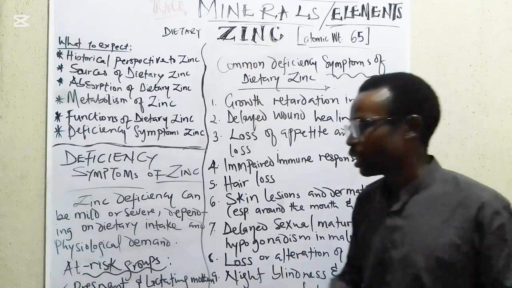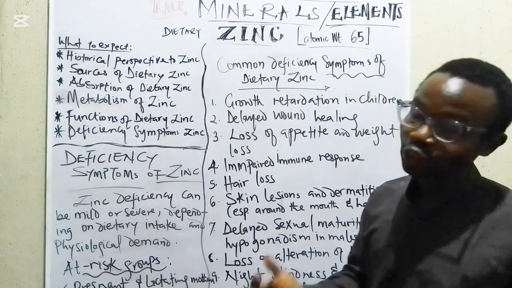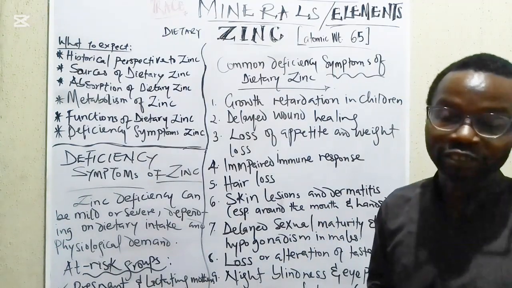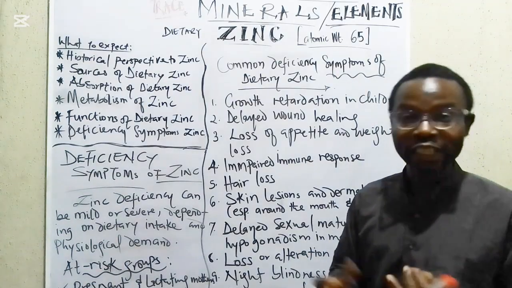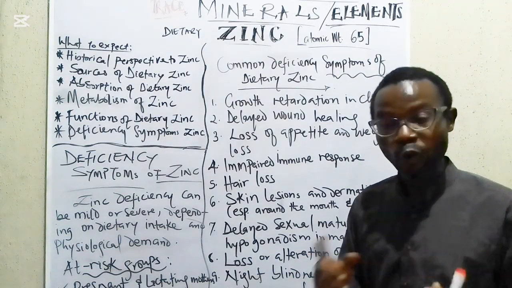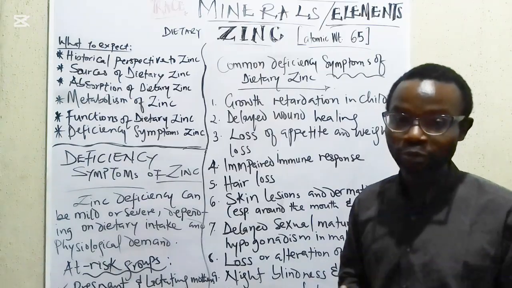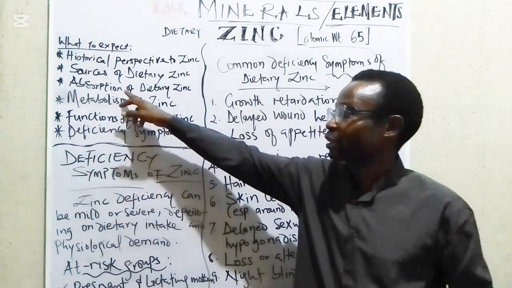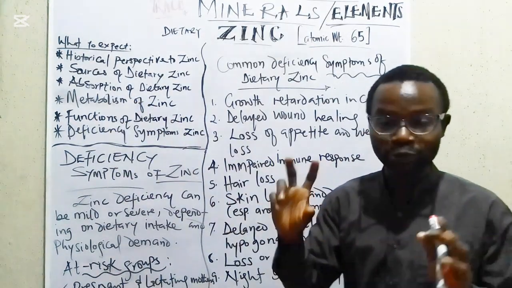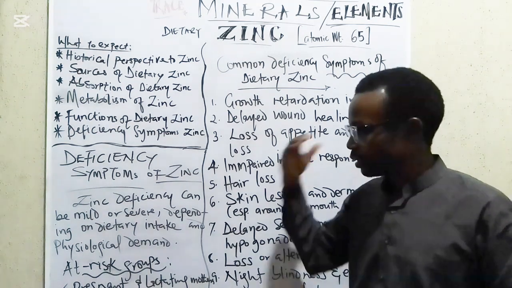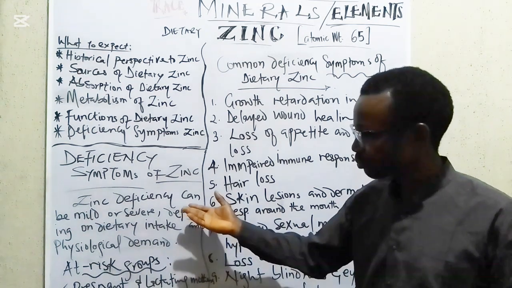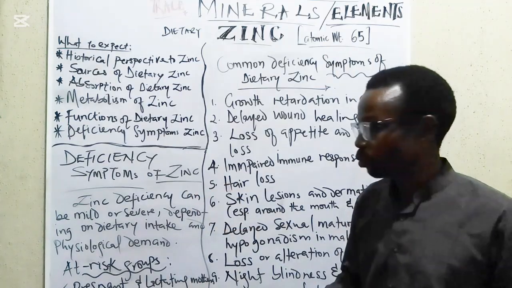Deficiency symptoms. Now, deficiency symptoms of zinc can be mild or severe depending on whether the person is not taking enough zinc in the diet or it's not properly absorbed. We talked about absorption that occurs in the small intestine, just like many other minerals. Now, dietary zinc plays a vital role.